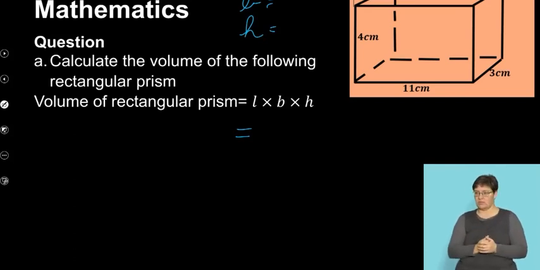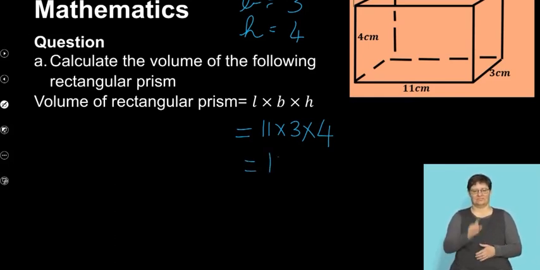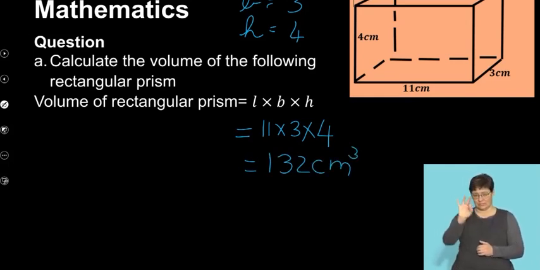So my length is 11, my breadth is 3, and my height is 4. So I'm going to have length times breadth times height, and this is going to give me an answer of 132 centimeters cubed. Please remember, it is centimeters cubed because this is a volume.